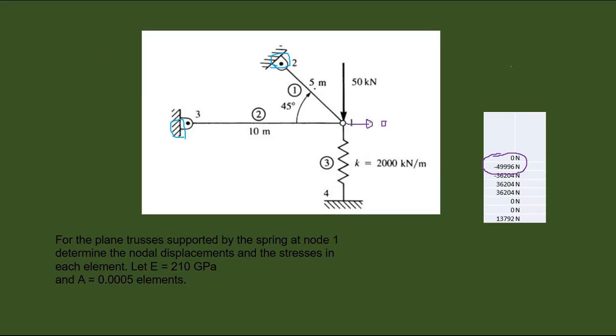So for element 2, we have in this direction 36.2 kilonewtons, and this direction the same 36.2 kilonewtons, right?